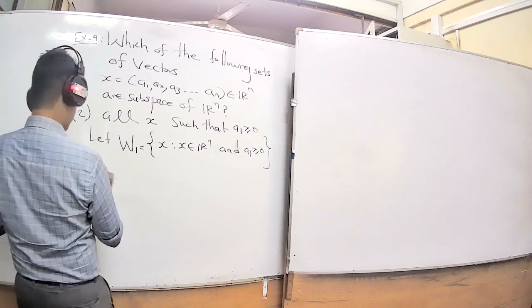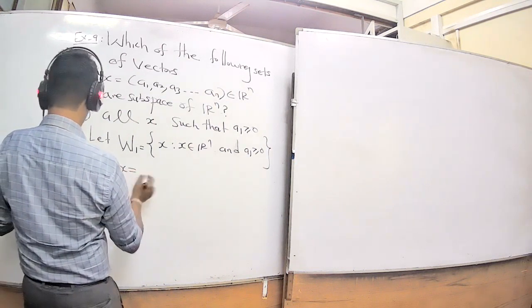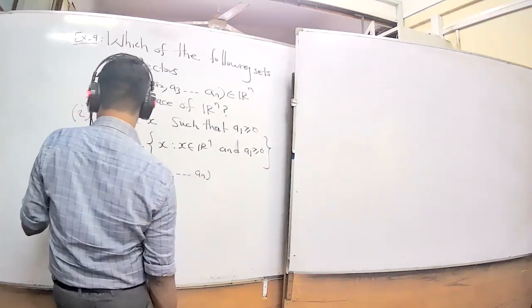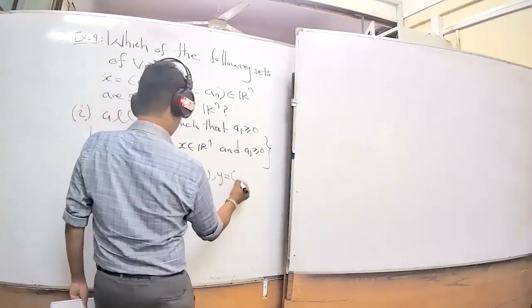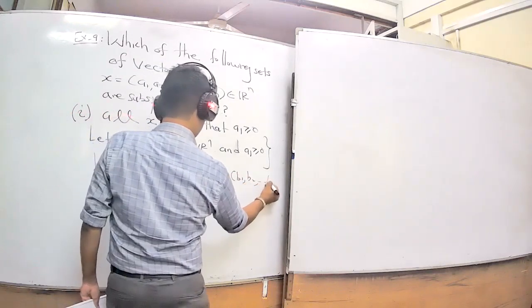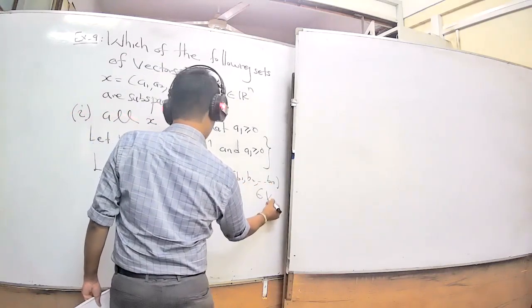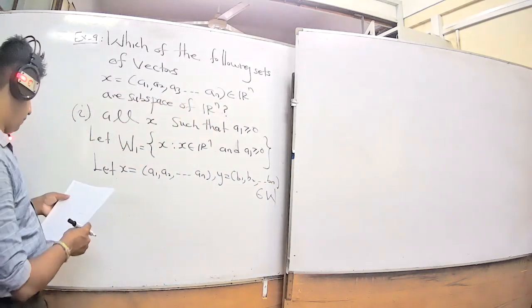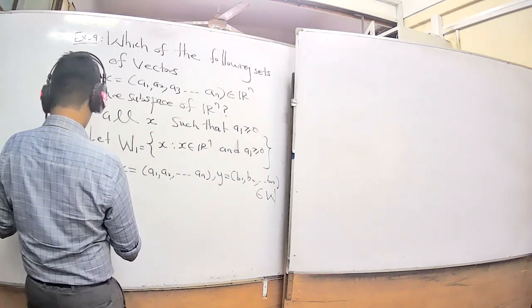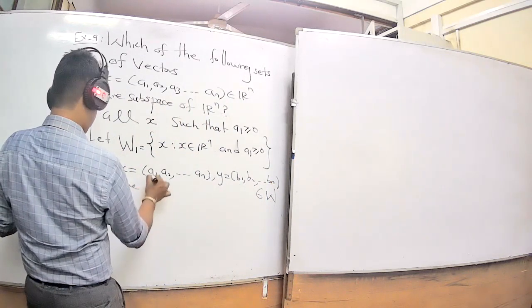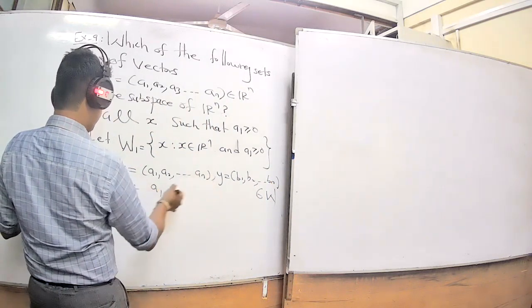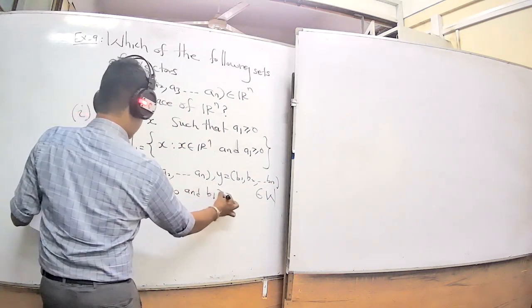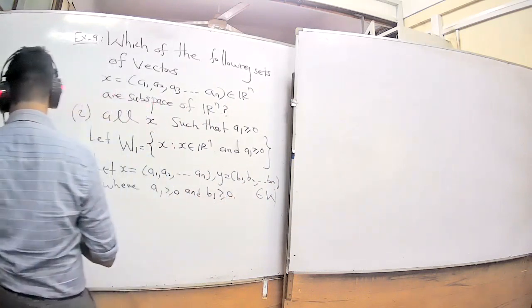Let x = (a1, a2, and so on, an) and y = (b1, b2, and so on, bn), both belonging to W1. Under this condition, a1 is greater than or equal to 0, and b1 is also greater than or equal to 0.